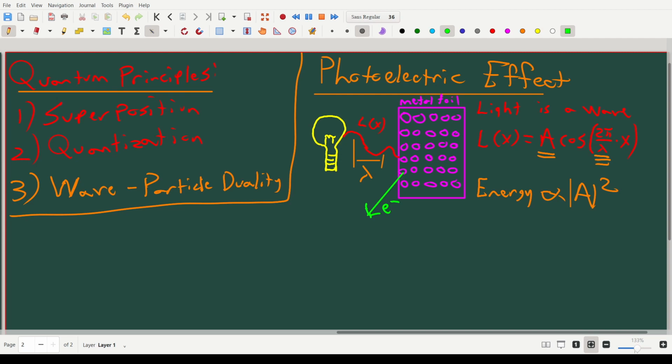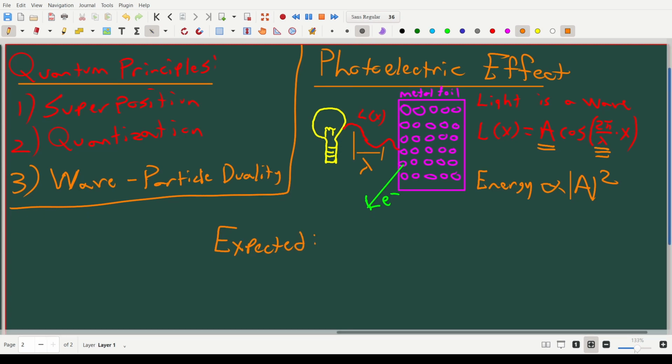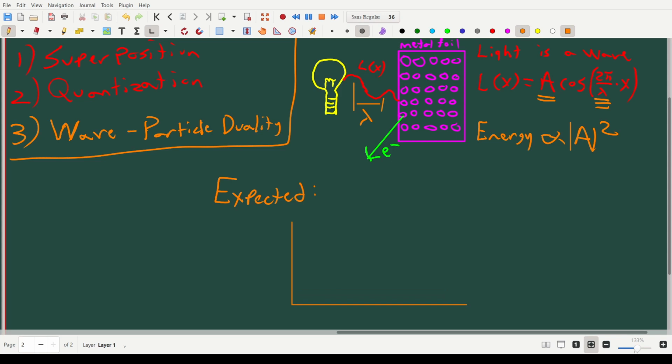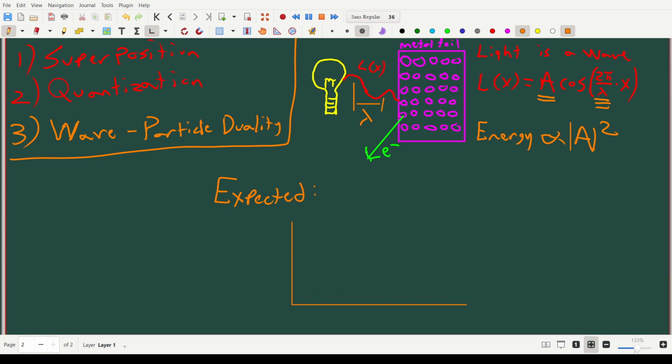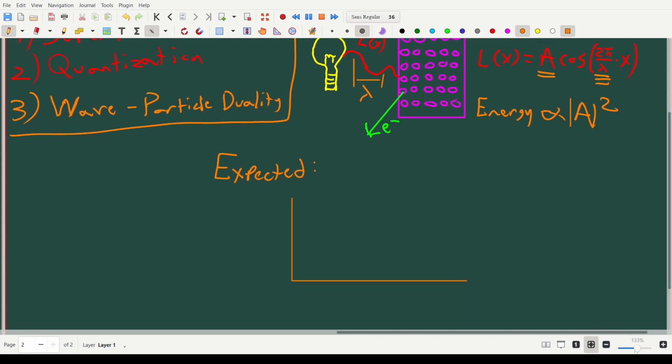All right, so let's think about this classically. If I were to plot the frequency of the light, now I'm going to use frequency here.